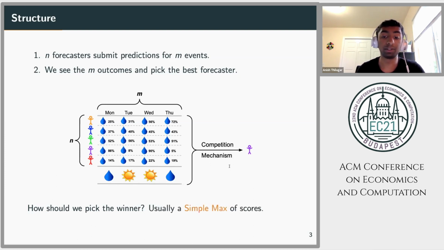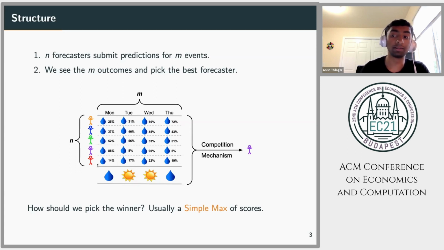In practice, we usually do something like a simple max of their scores. What that means is for every event and every forecaster, we'll compute a score. It's usually something like the quadratic score, where the closer they are to predicting the probability of the event happening, the higher their score will be. For example, on Monday and Thursday, if they predict a higher chance of rain, they'll have a higher score.